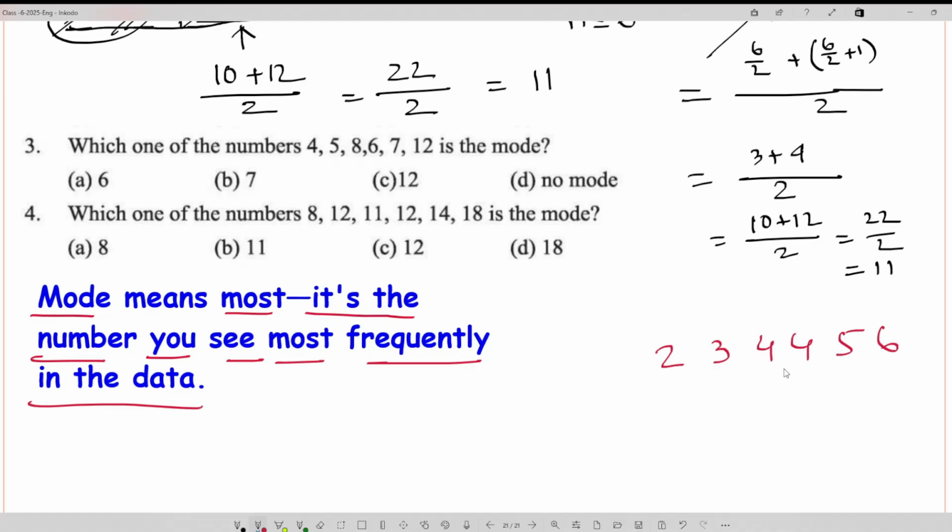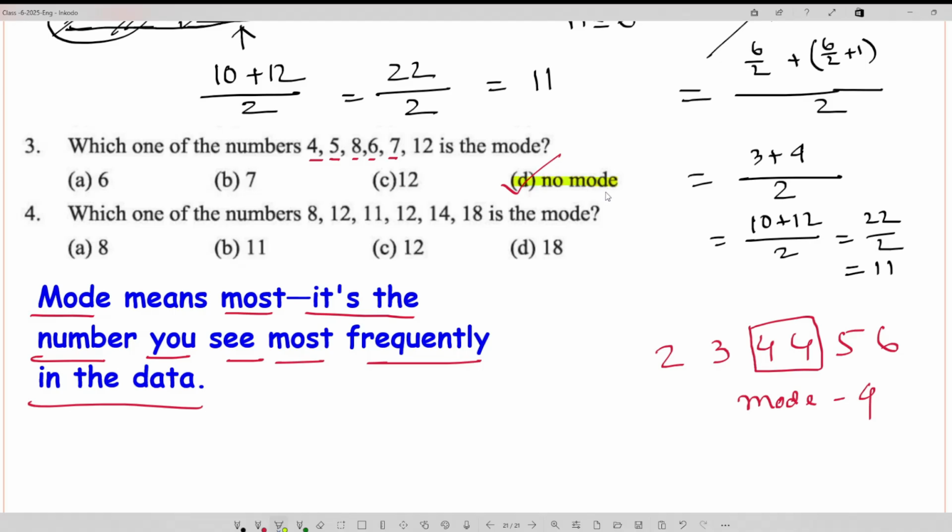Now look, here are several numbers, but this 4 is repeated, therefore the mode is 4. Now let's check. Here is 4, 5, 8, 6, 7, but there is no number which comes most frequently, therefore the answer is no mode. So don't worry, it's a simple thing. You can face this kind of question.